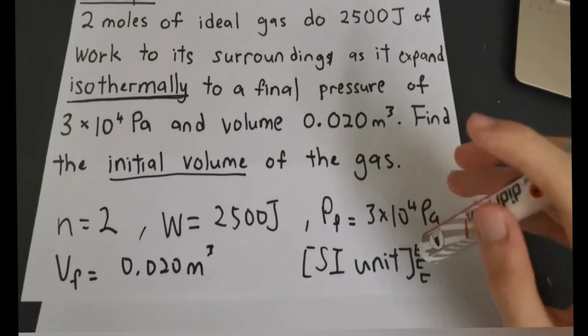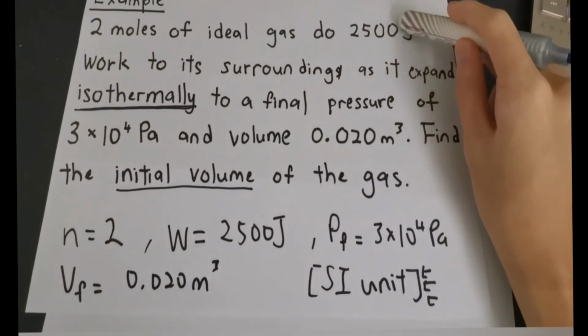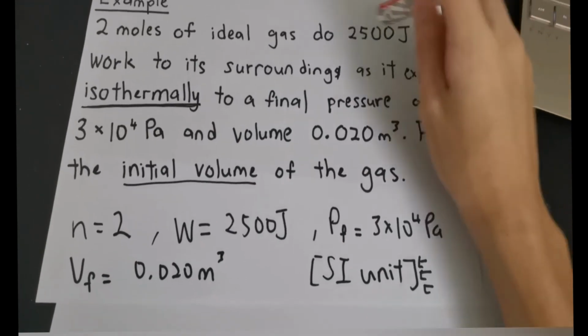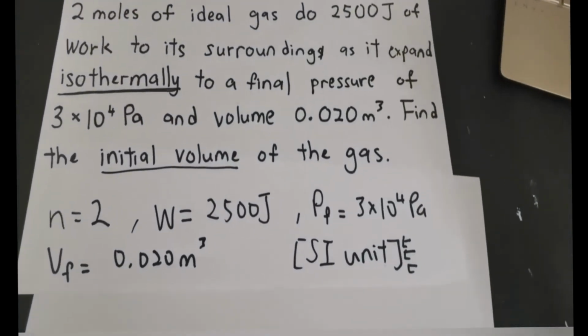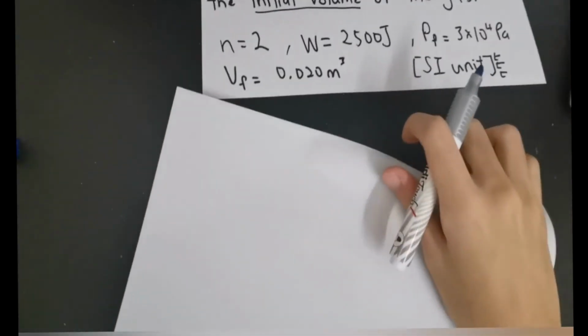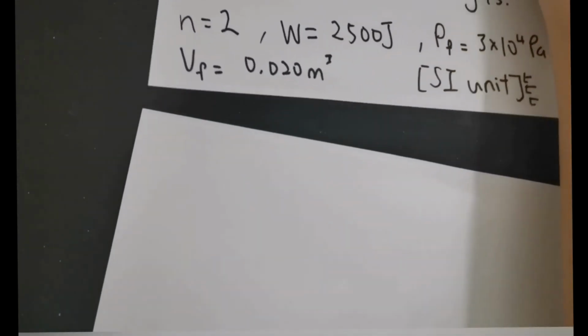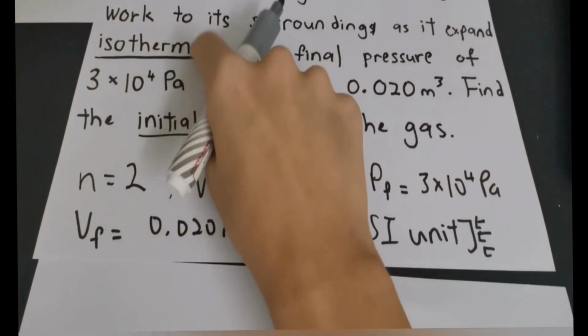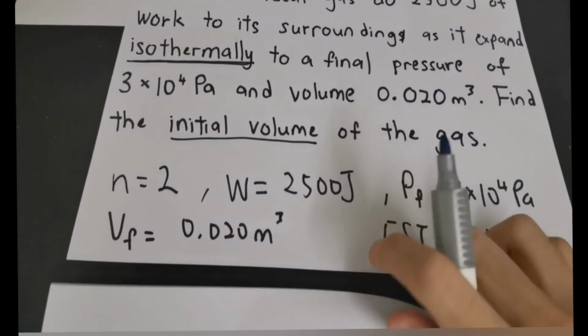This question was very kind to us, it already gives all the information in SI units, so we don't need to change anything. For isothermal, remember the equation, later we will use it. So how to solve this question?